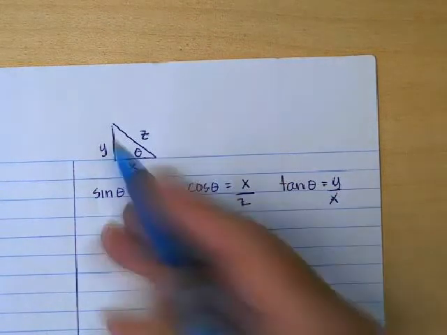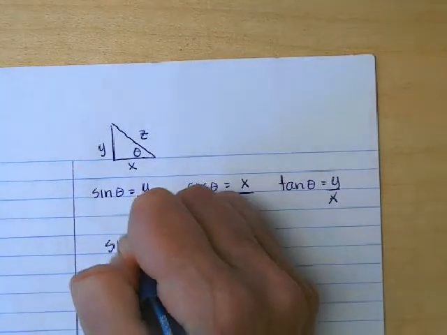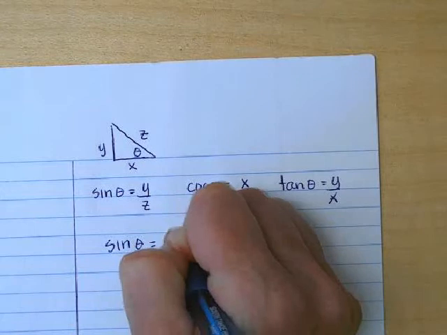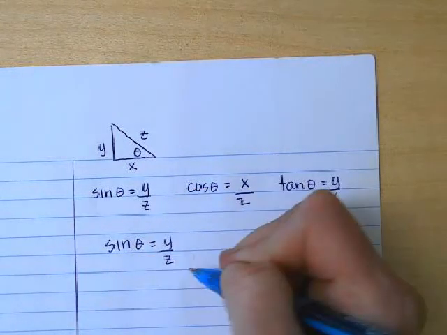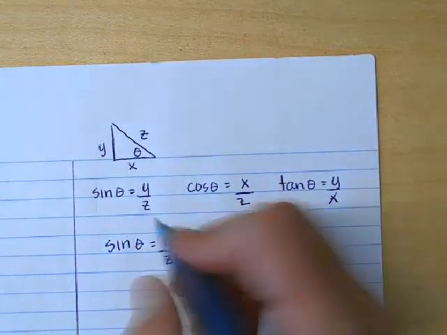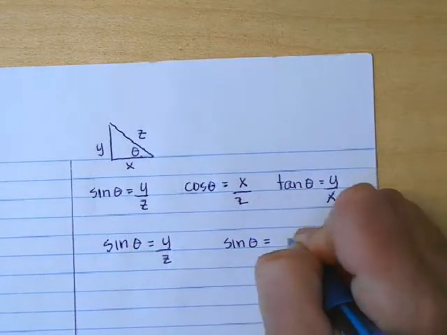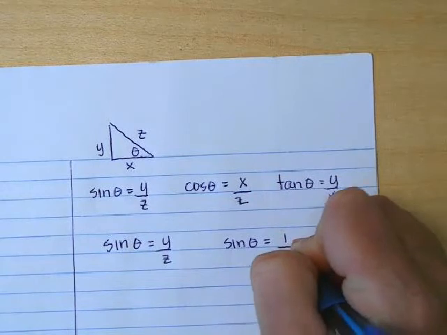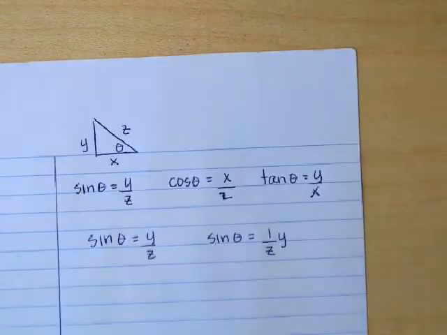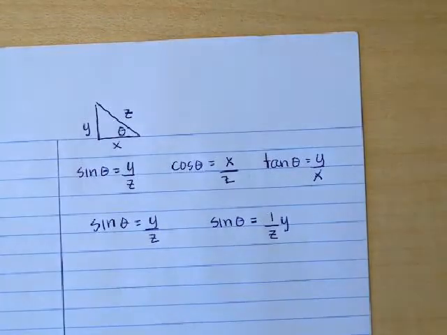Okay, so I'm just going to pick that one. I'm going to say that the sine of theta is y over z. And then, since I know that z is a constant, it looks nice and easy to differentiate.